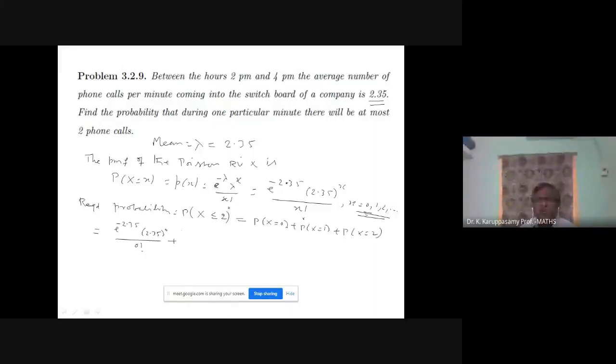Next, put x equal to 1: e power minus 2.35 into 2.35 power 1 divided by 1 factorial. Next, for 2: e power minus 2.35 into 2.35 whole square divided by 2 factorial.